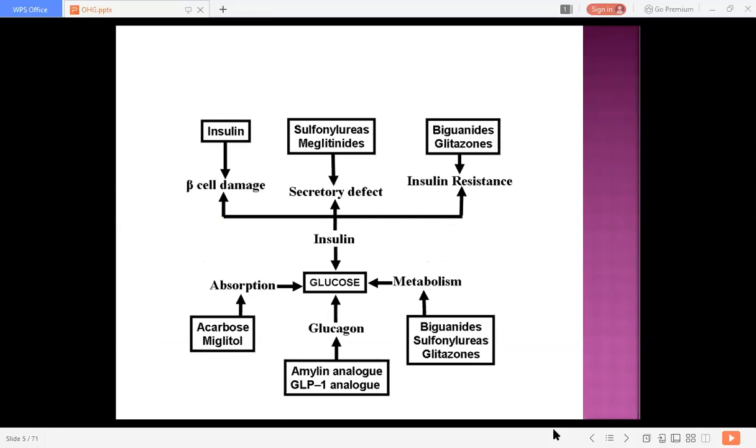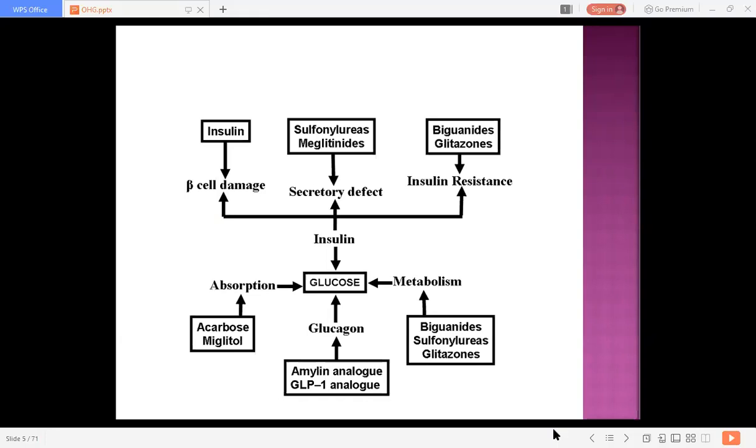If there is beta cell damage of the pancreas, and an absence of functioning of beta cells in the islets of pancreas, insulin is given. Secretory defect of insulin can be overcome by giving secretagogues, that is sulfonylureas and Meglitinides. And also we have incretin mimetics, that is DPP4 inhibitors and GLP-1 receptor agonists.